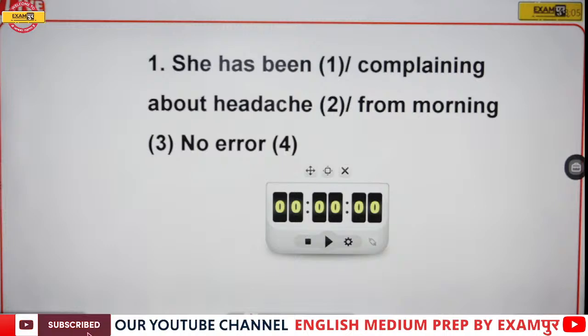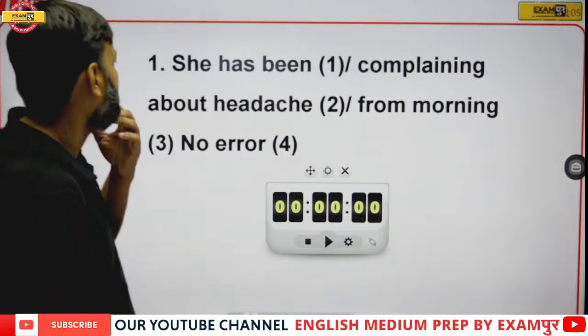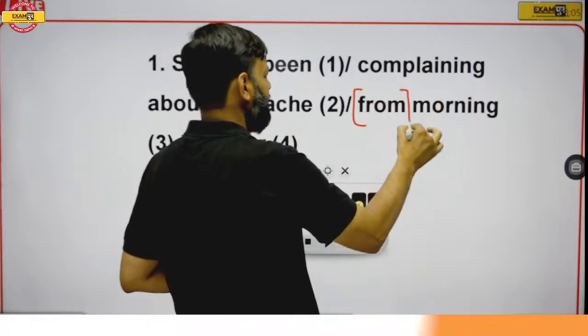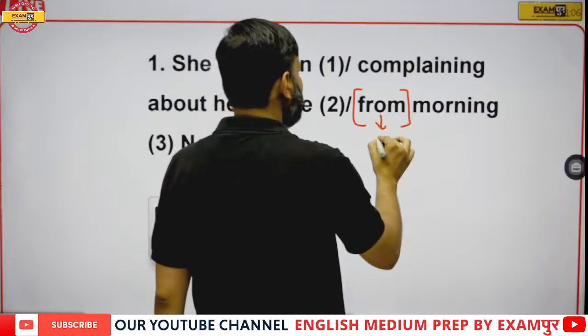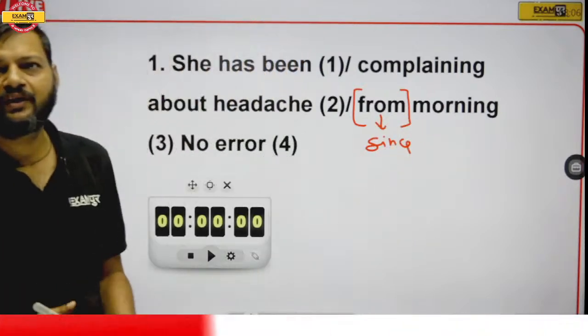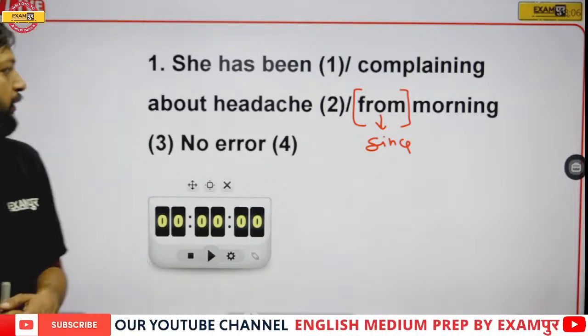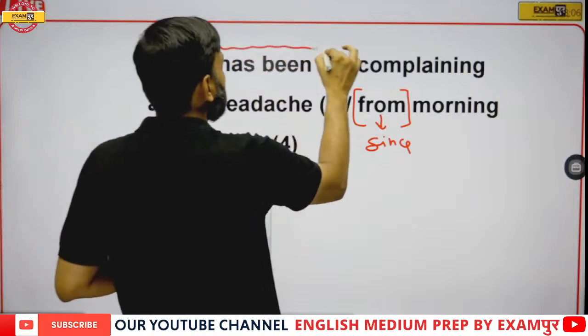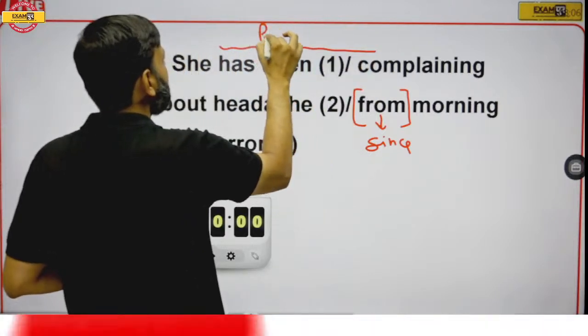Yes. In this sentence, the error is in this part. Here we have to use since in place of from, because this sentence is present perfect continuous.